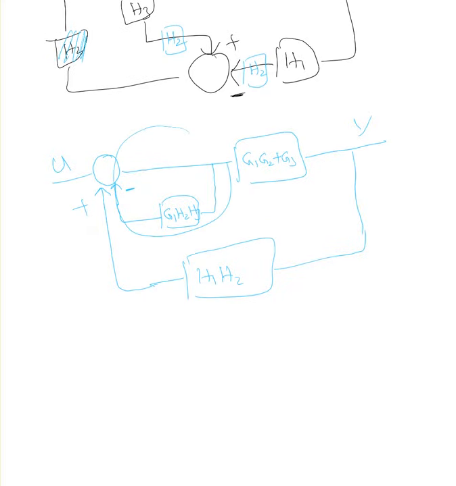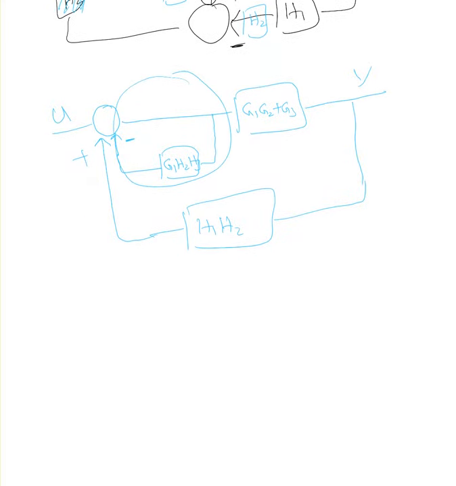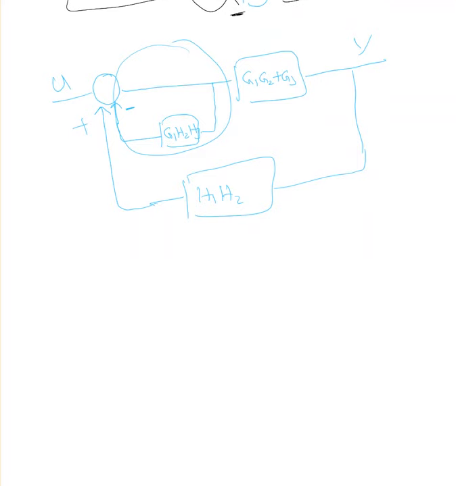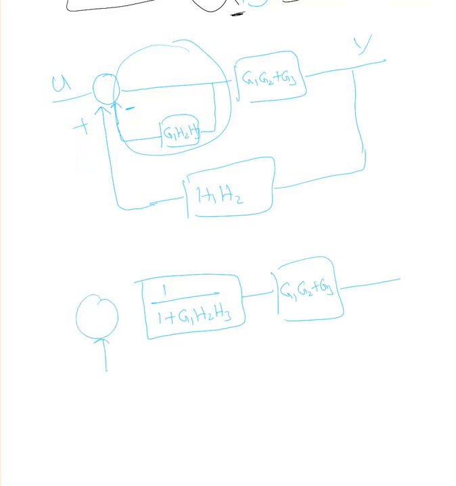Now I can combine these two, make it one single closed loop. That is going to be, since I have negative there, 1 over 1 plus Z1 H2 H3. Now this is in series with Z1 Z2 plus Z3. Now I have another feedback which is H1 H2. Okay, U as an input, Y as an output.